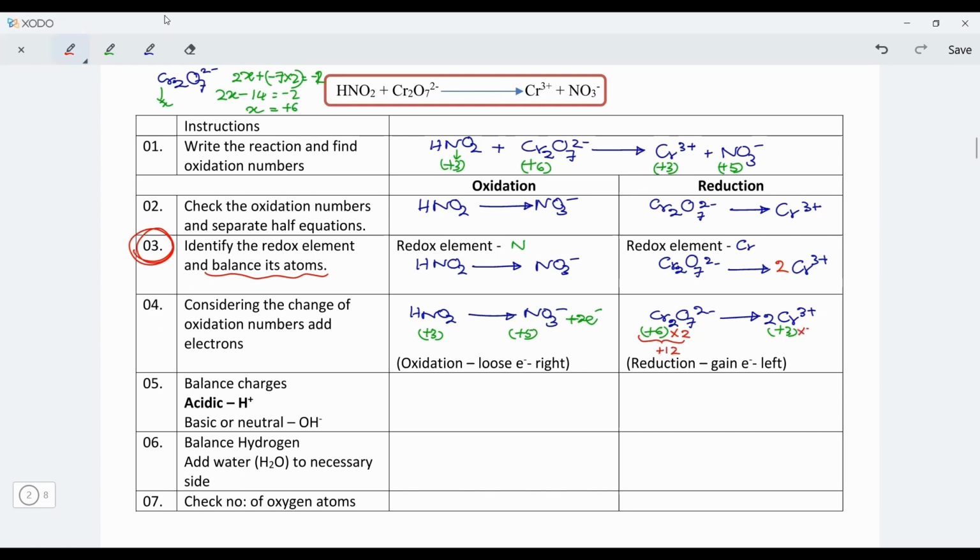Here you had 2 atoms, so multiply this one also by 2 and get the total oxidation numbers as plus 6. Now you consider the change of oxidation numbers from plus 12 to plus 6, not plus 6 to plus 3. Then what is the change of oxidation numbers? If you consider the whole thing, it has taken 6 electrons.